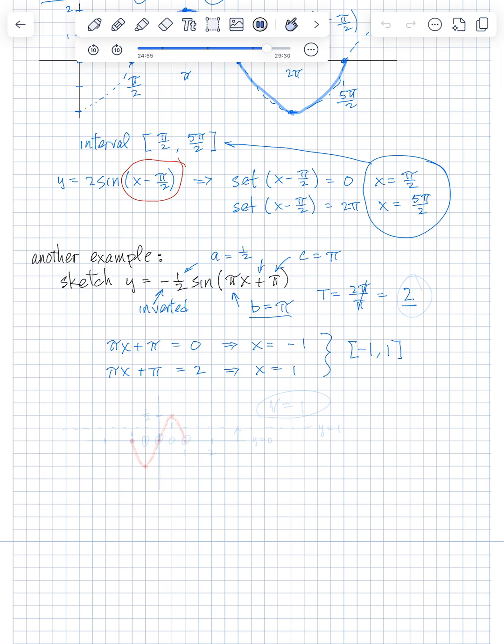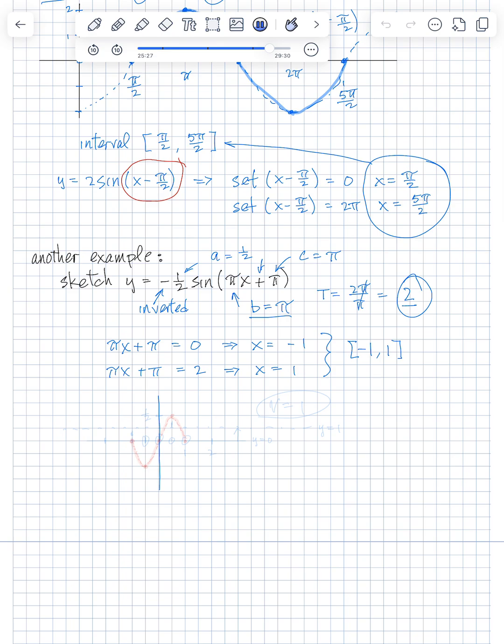So let me start it a little bit closer. So here, do that. Now remember, you want to have 4 intervals in the period, and you want these intervals to be the same size.